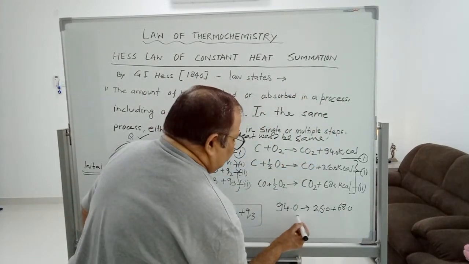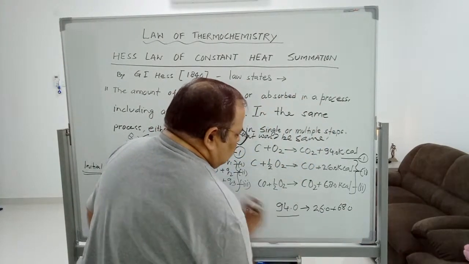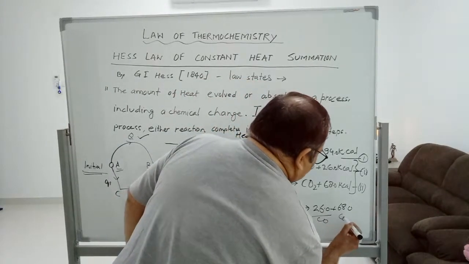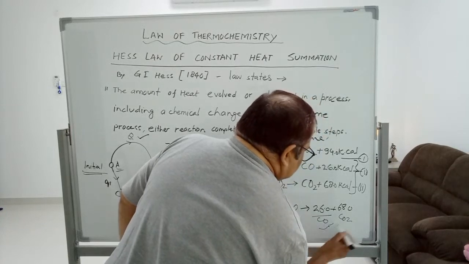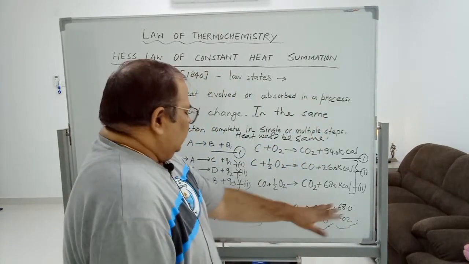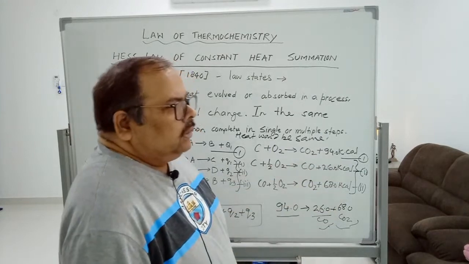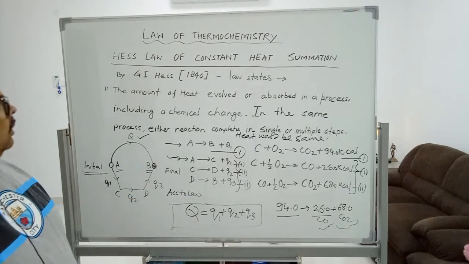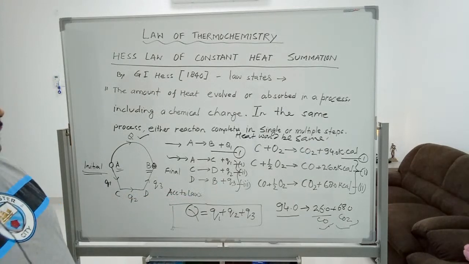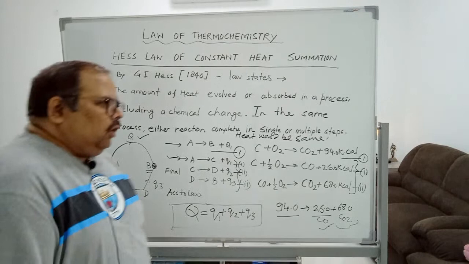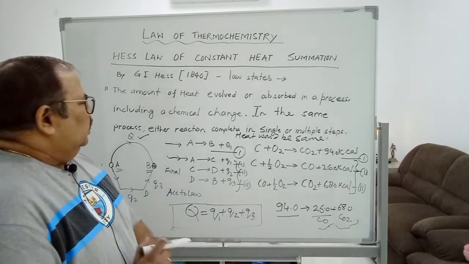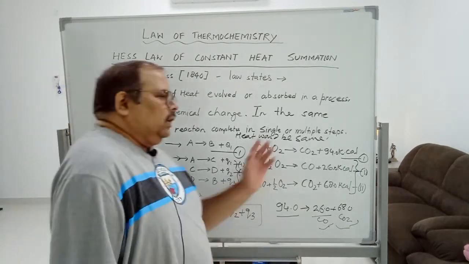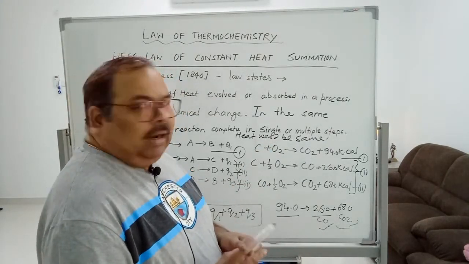This is the formation of CO2 in a single step, and in two steps the first forms CO and the second forms CO2. So overall you will see the heat summation of Hess's law: the amount of heat evolved or absorbed will always be equal in a chemical change, whether it happens in a single step or multiple steps.